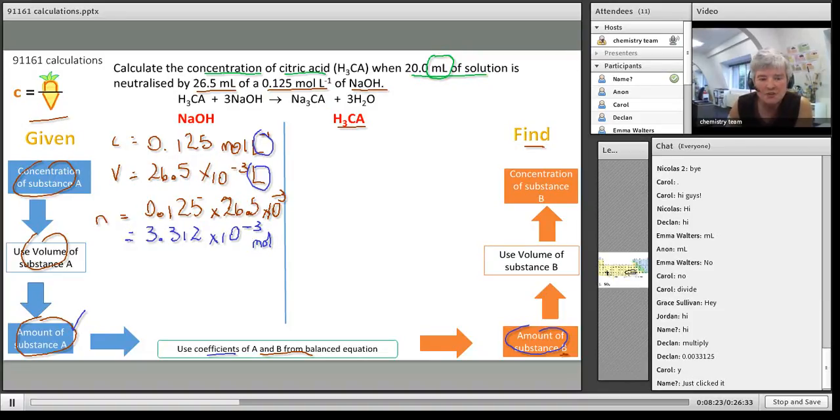Right, so we use our mole ratio, which we get from our balanced equation. 1 citric acid requires 3 sodium hydroxides. Okay, so reversing it, if I have 1 sodium hydroxide, how much citric acid do I need?